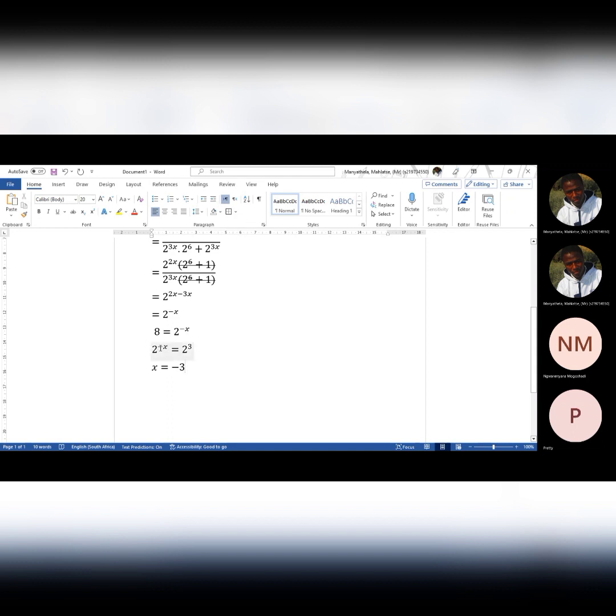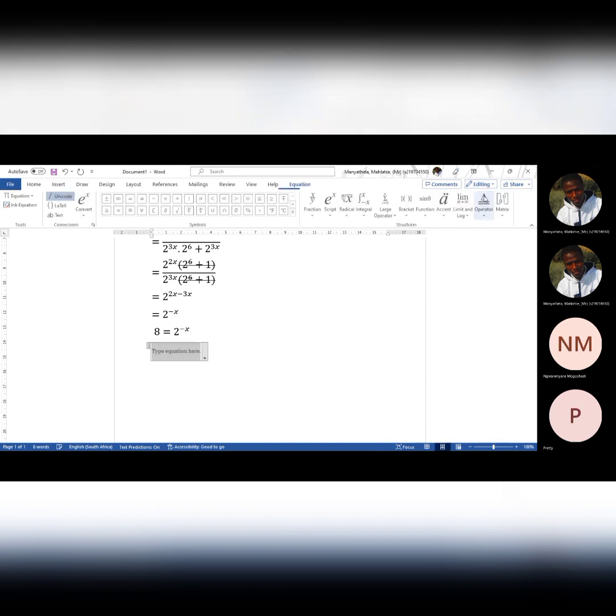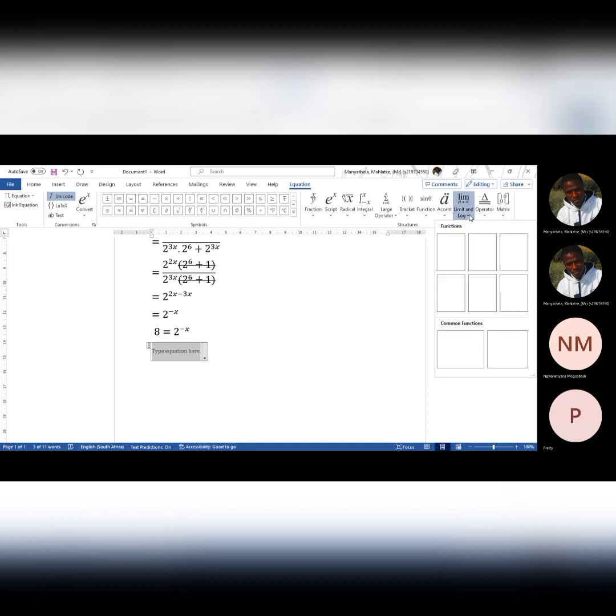Okay, another way you can do this. There's always another way. But solve for x if 8 is equal to negative x, okay? Use the logarithmic rule.